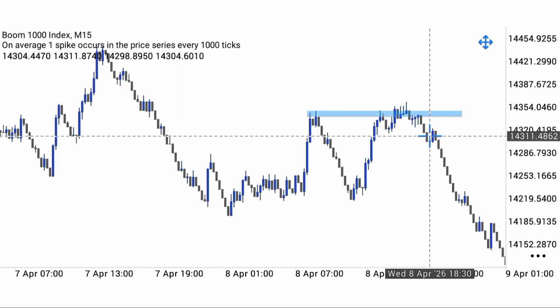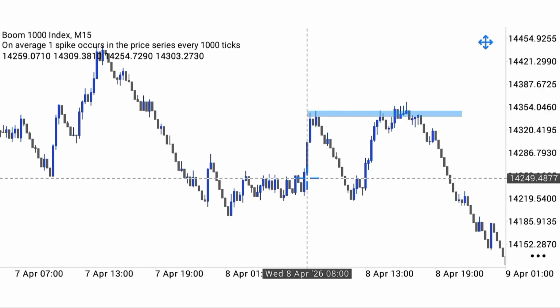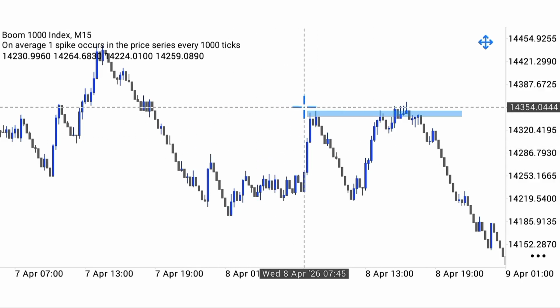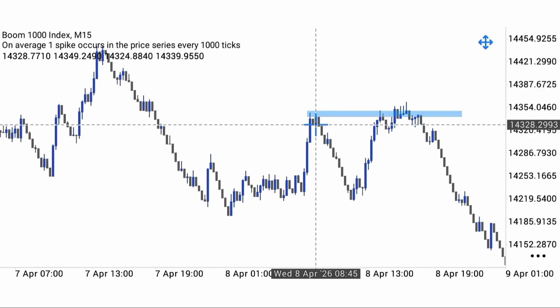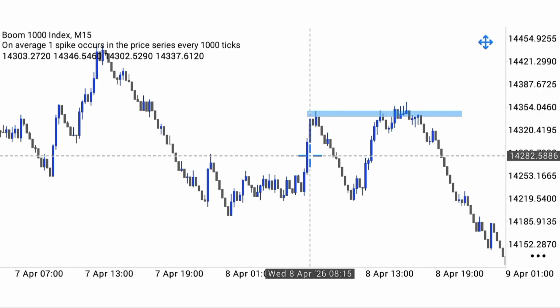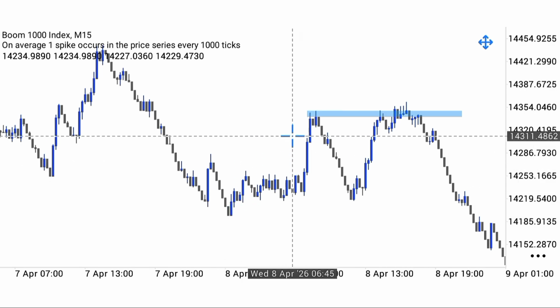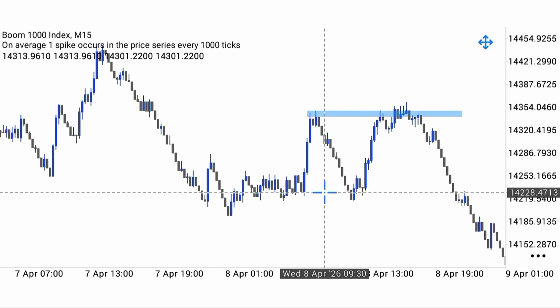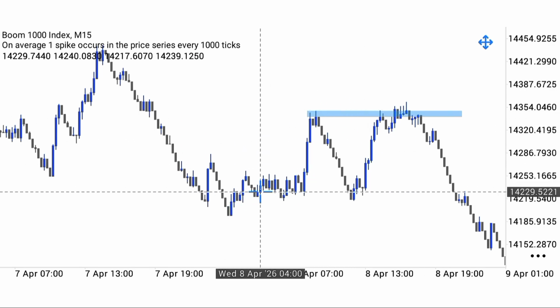Now, to be able to get the right trades and the right setup for an institutional double top, the first thing is to make sure of the price movement before it, like this one here. What I like to say is that this is the pillar that supports this structure here.